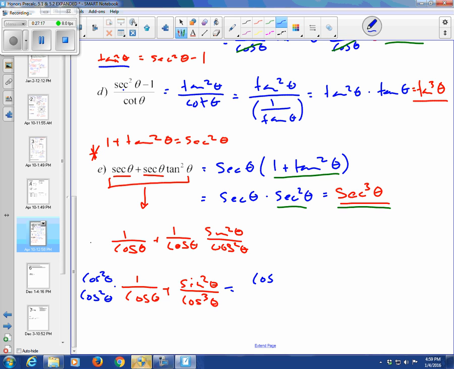And that would give me cosine squared theta plus sine squared theta. Can't forget the angle. It's not a number without an angle. And that'll be over cosine cubed theta. Now right here, this is our first Pythagorean identity in the numerator, which would give us 1 over cosine cubed theta. And that right there is secant cubed theta.